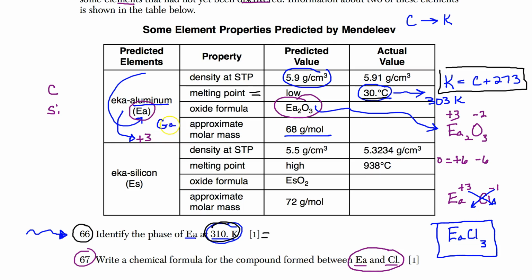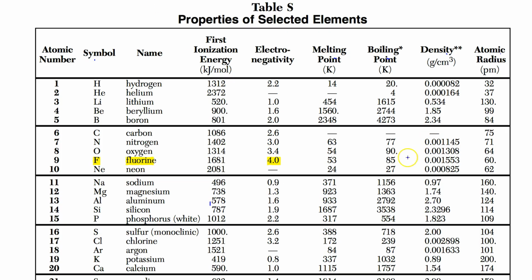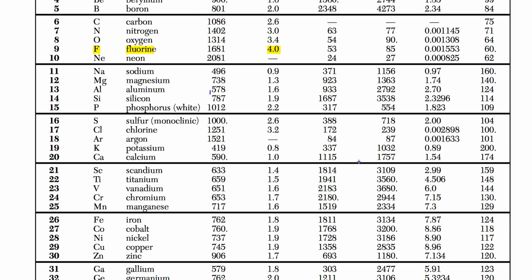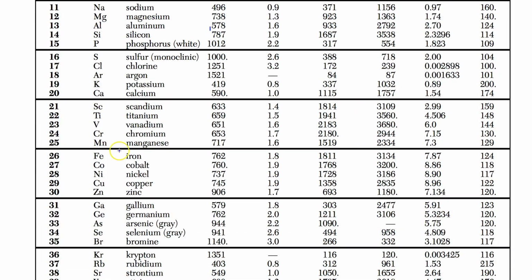You could have found that element if you go to table S, and we go down to atomic number 31, which is gallium. You could see the 303 for the melting point, and the density matches gallium. So you could have put gallium there if you like. You didn't have to, but some people were showing off. All right, on to the next question.